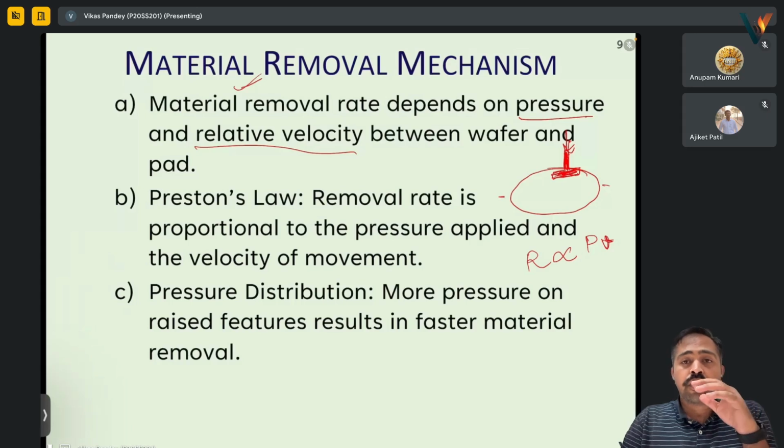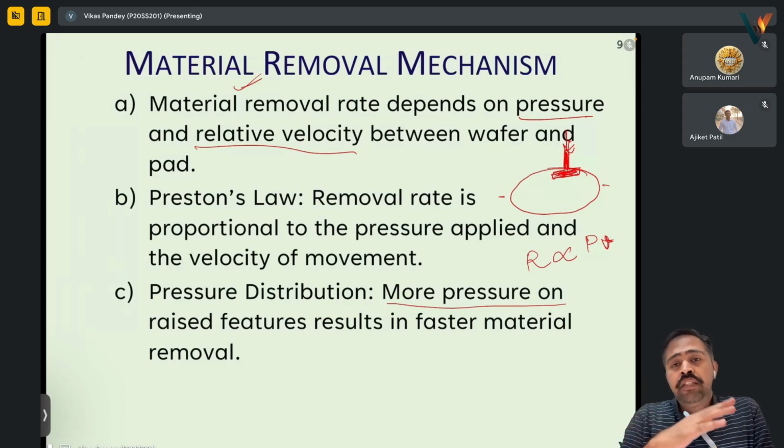So is it that we want the pressure to be the same? It depends on the type of feature or the type of imperfections we have. More pressure is applied on raised features and less pressure will be applied where the size is almost correct.